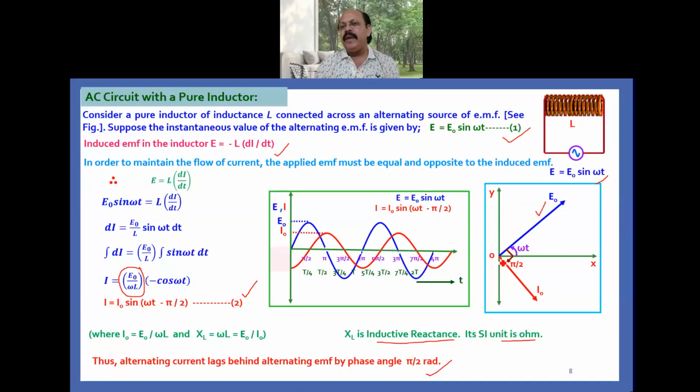Since the current is lagging behind, the red arrow of alternating current goes down and makes an angle pi by 2 with the phasor of alternating EMF. This is the phasor diagram of alternating EMF and alternating current associated with an AC circuit with a pure inductor.